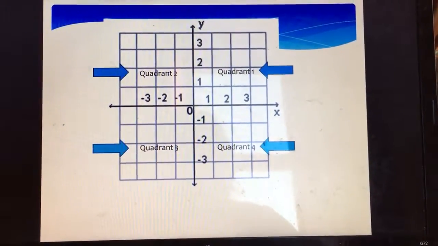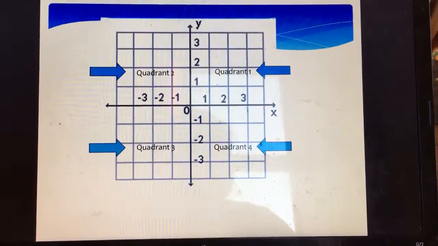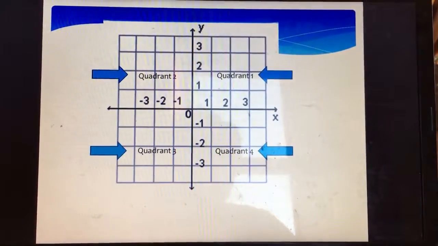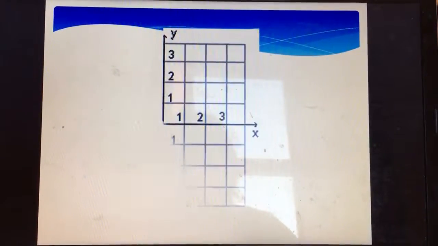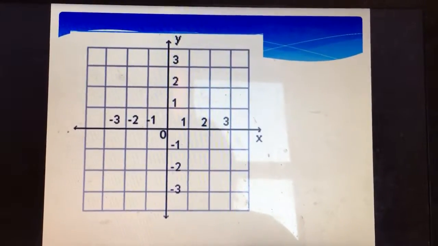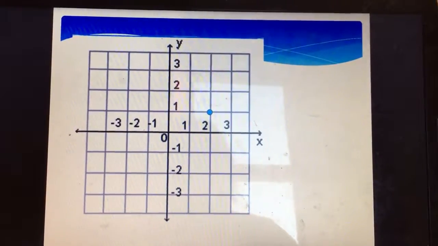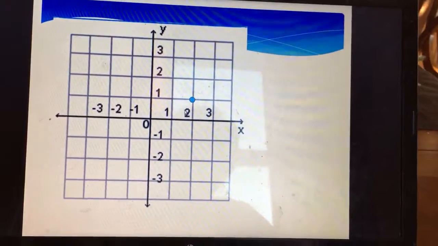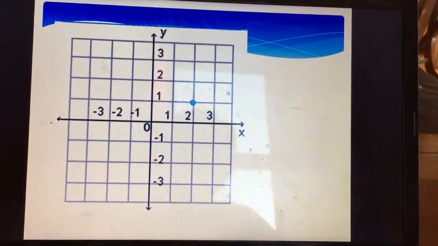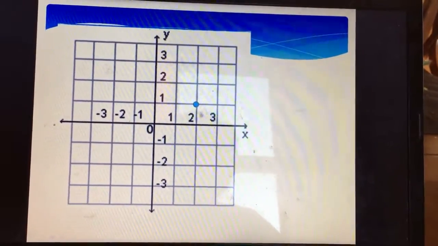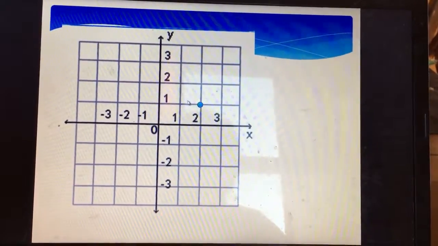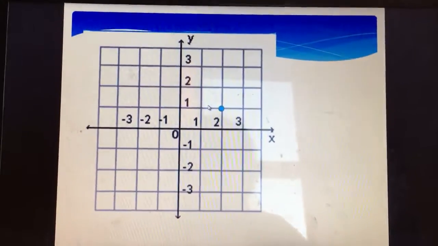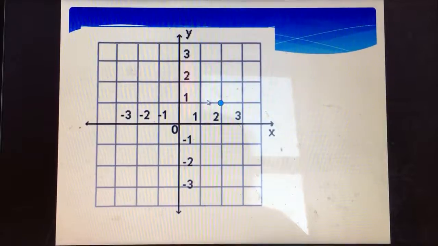So let's talk about these numbers and how do we figure out what a point would be labeled, or how would we be able to find a point on a coordinate grid. So if we have our coordinate grid here, and we're going to look at this first point here, you can see that it is in quadrant 1. So that means that both our x-axis number and our y-axis number would be positive.